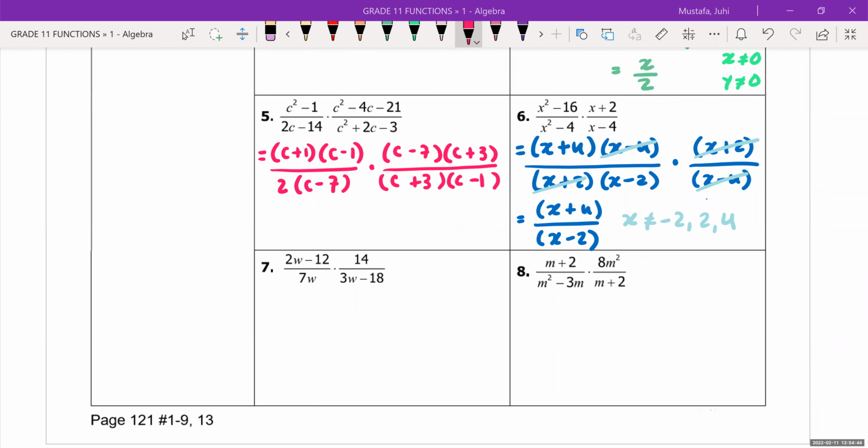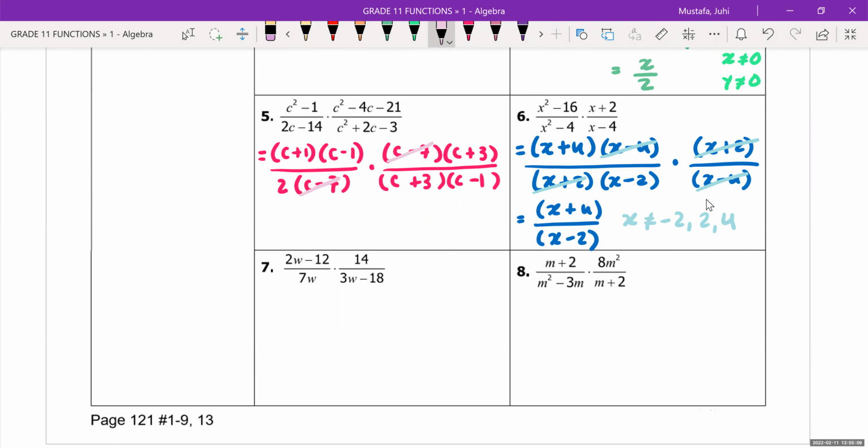Okay, so now here is a new step that we didn't do yesterday. In yesterday's class, we just had one of these, right? We would just have a numerator and a denominator. In today's class, we have a fraction times another fraction, but really the concept is the same. You can find a matching pair in any part of the numerator and any part of the denominator and cross them out. For example, I have a c minus 7 and a c minus 7.